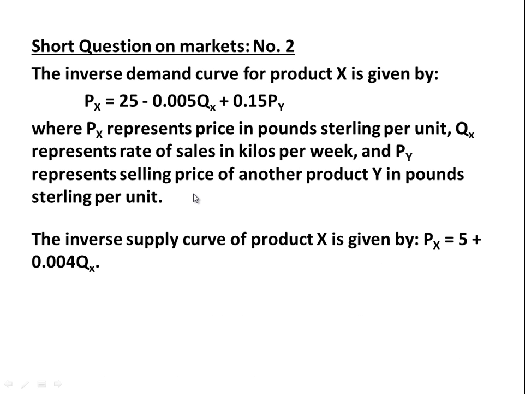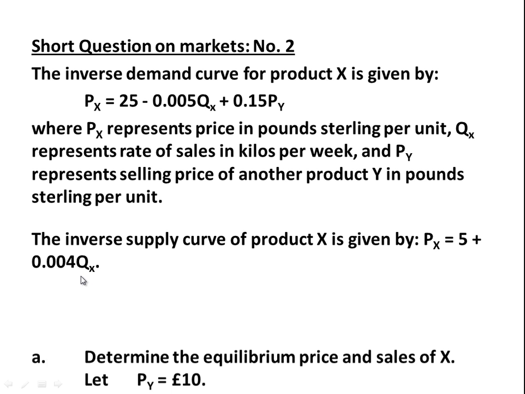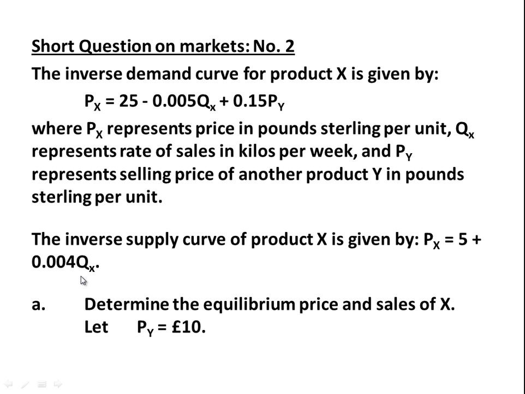And what we're also going to show you is that we've got an inverse supply curve of product X given by Px is equal to 5 plus 0.004 Qx, if we can say that right. And we've got two questions. Let's determine the equilibrium price and sales of X, but of course we need to know the price of Y in order for this equation to work out.